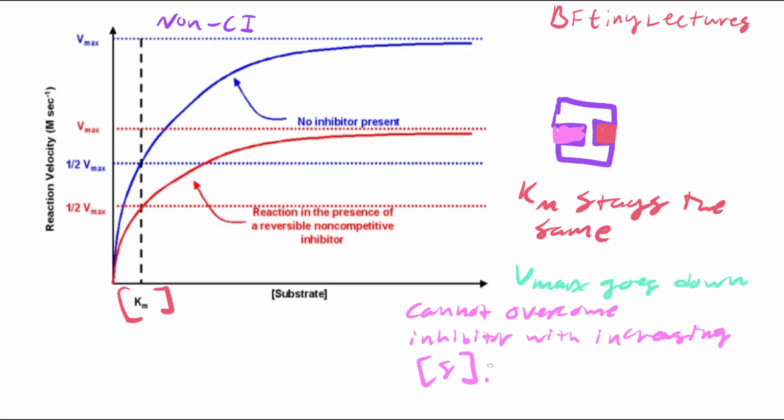So remember, you cannot just increase the substrate and expect the reactions to keep going. No, the inhibitor is still going to have that one little spot, and the enzyme is going to bind with it and stop the reaction completely. It's going to slow it down and eventually stop it. So there you go. That's how you read the chart.